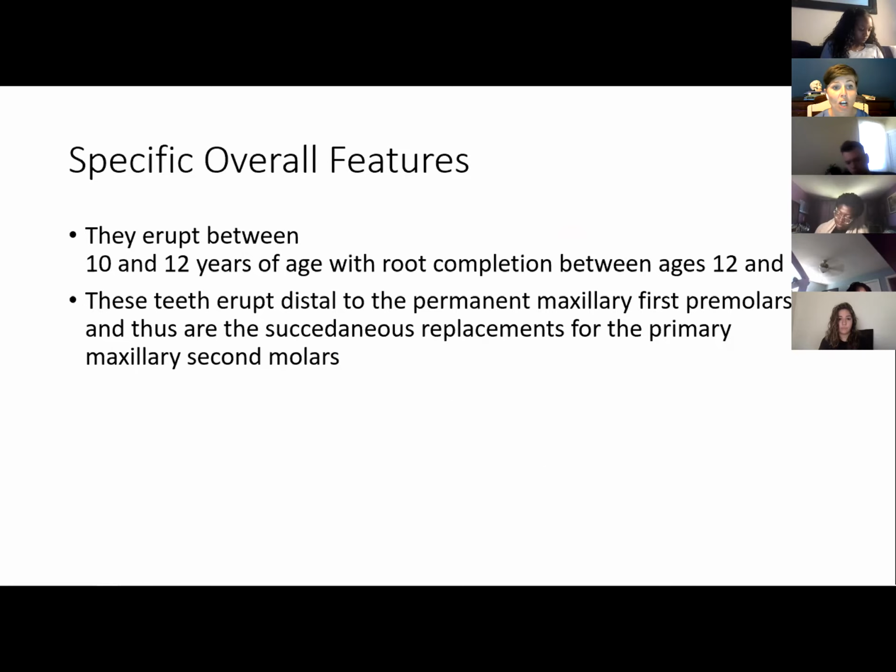All right, so specific overall features for this. They erupt between 10 and 12 years of age with a root completion between the ages of 12 and 14. These teeth erupt distal to the permanent maxillary first molars and thus are also succedaneous replacements for primary teeth, specifically the maxillary second molars.